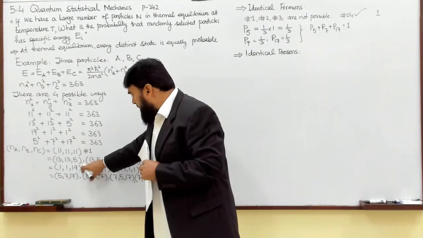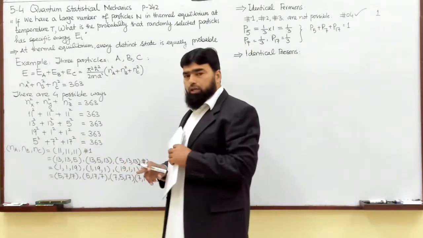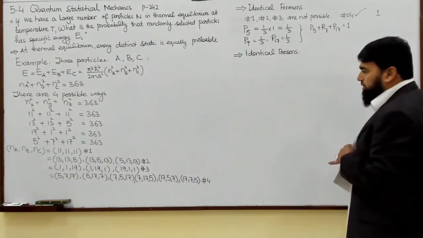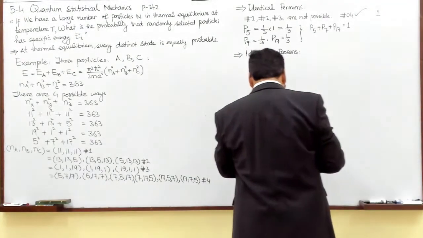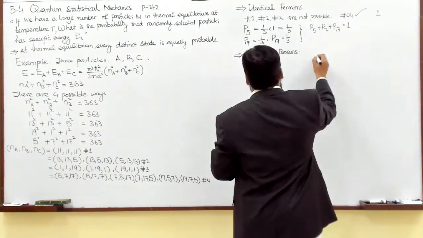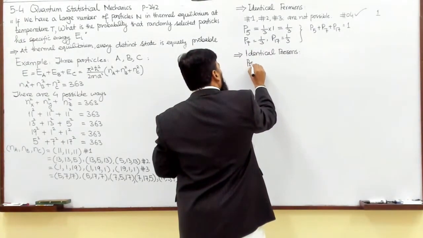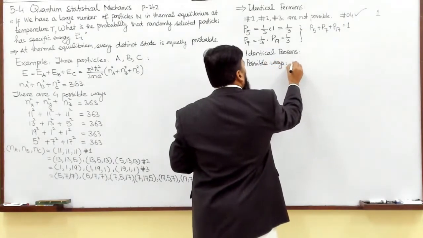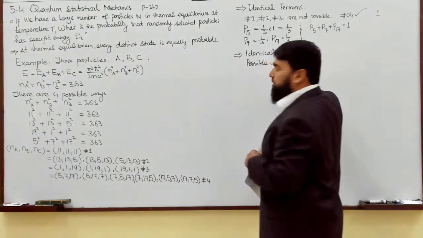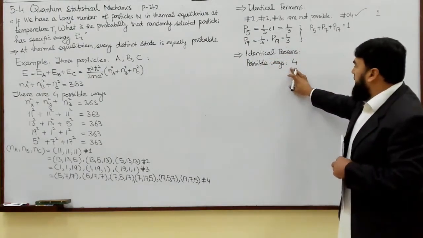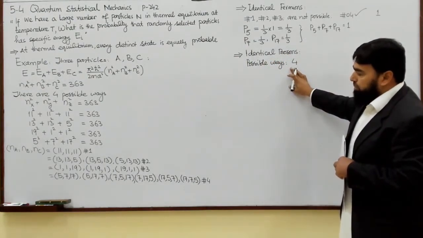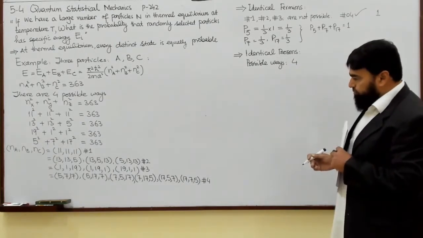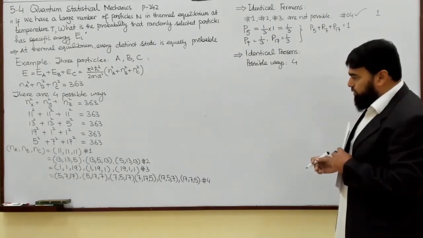So 1 here, and 1 here. So the total number of possible configurations is equal to 4. Possible ways are actually 4 now, instead of 13 which we had for the distinguishable particles.